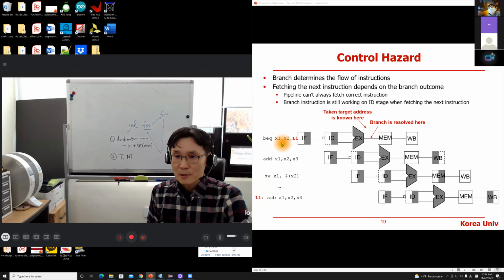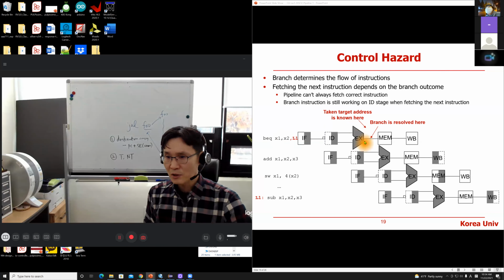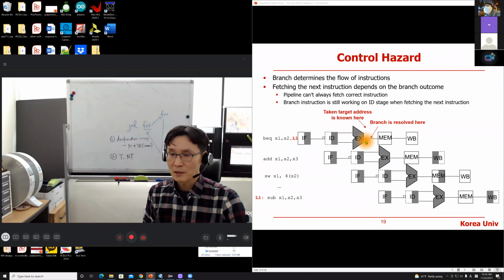For that determination, you have to do subtraction, X1 minus X2. So the ALU will do that subtraction operation. That means after the execution stage, we know whether this branch is taken or not taken. Then assume that this branch is taken.